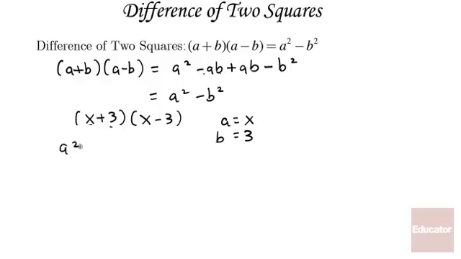I look at my formula, and that gives me x squared minus 3 squared, which equals x squared minus 9. And this is certainly much quicker than going through and doing FOIL and multiplying everything out and then adding. So this is another shortcut.